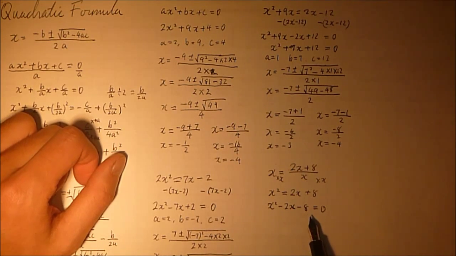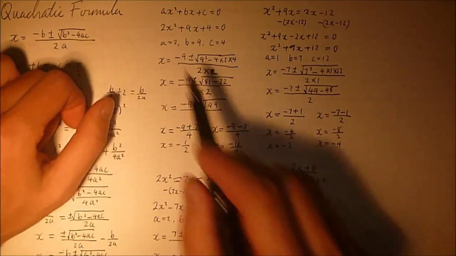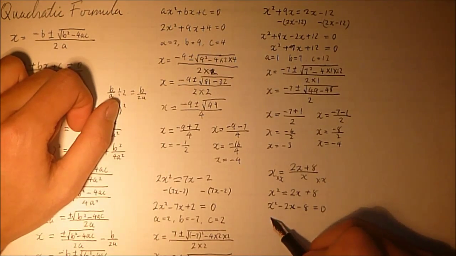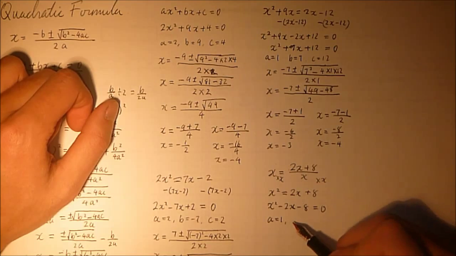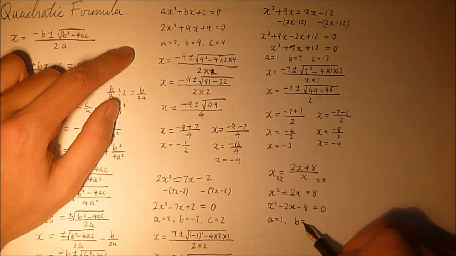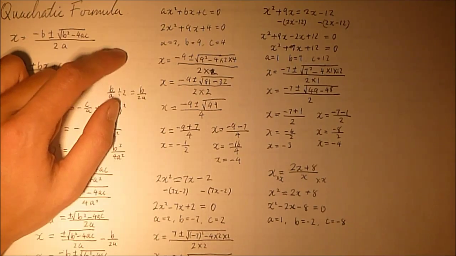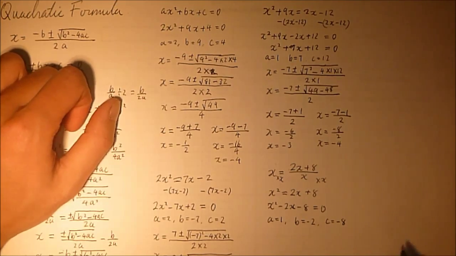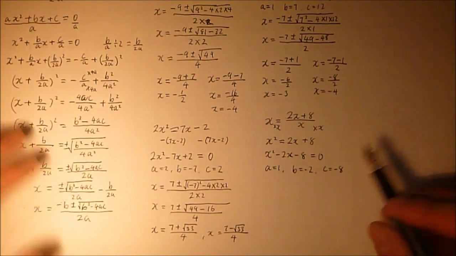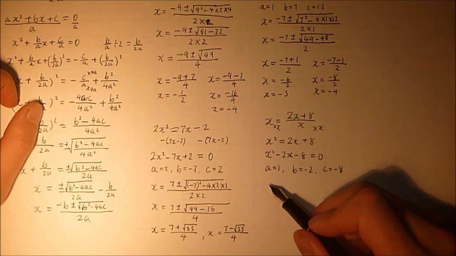Now, as you can see, this is the standard form where a equals 1, b equals negative 2, and c equals negative 8. We just have to plug them into the quadratic formula again.